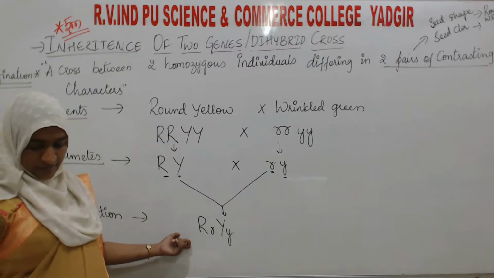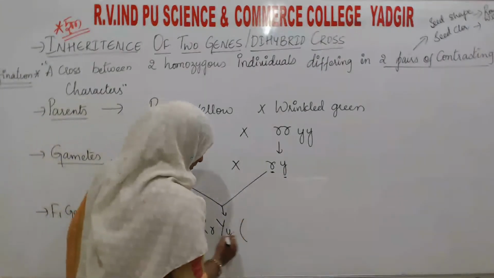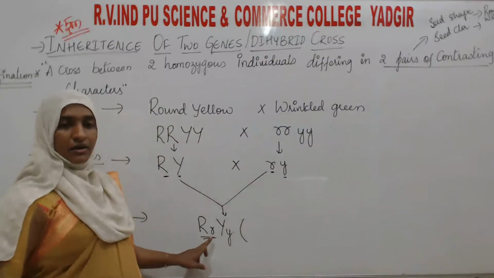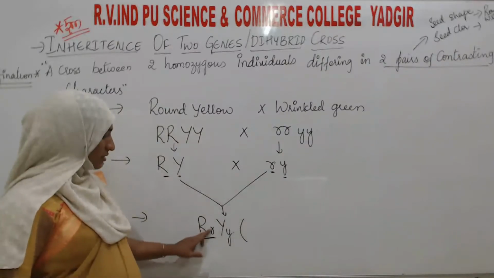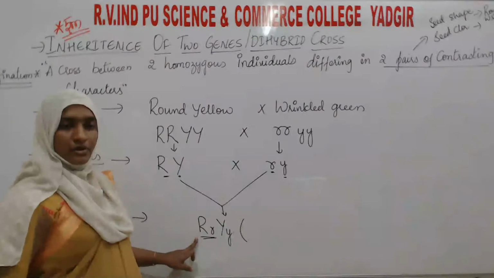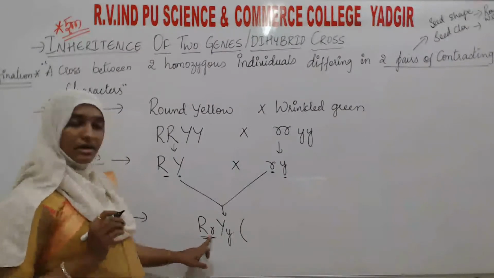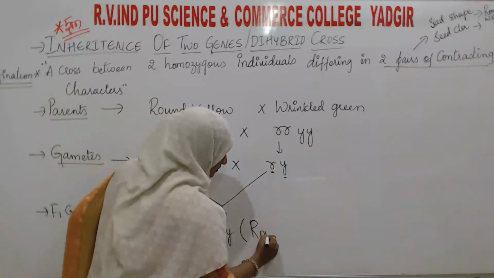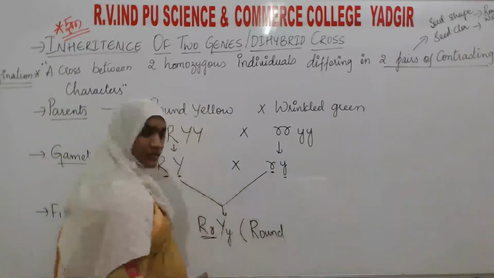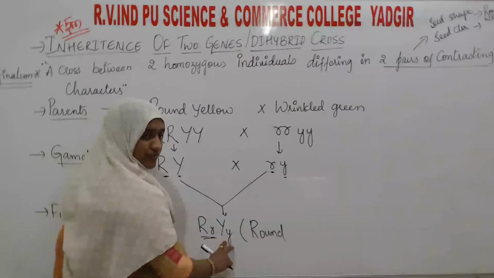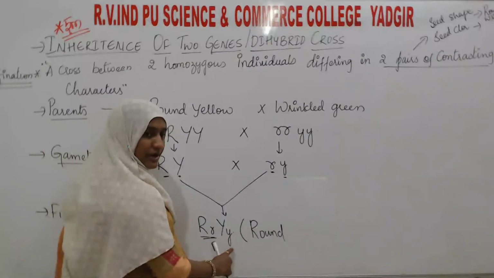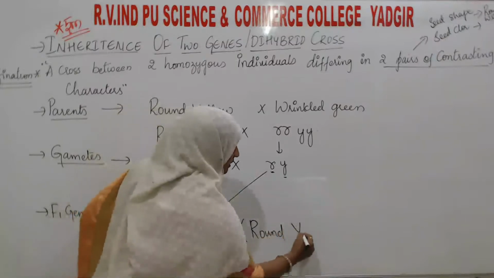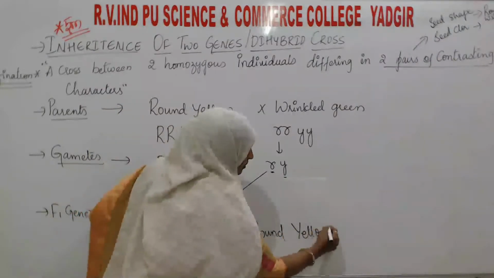So which one is dominant between capital R and small r? Capital R is the dominant one, and small r is the recessive one, so we can write it as round. Between capital Y and small y, yellow and green, capital Y is dominant, so we write it as yellow.